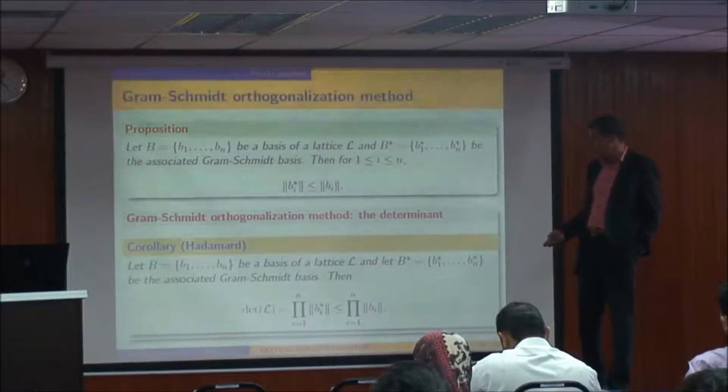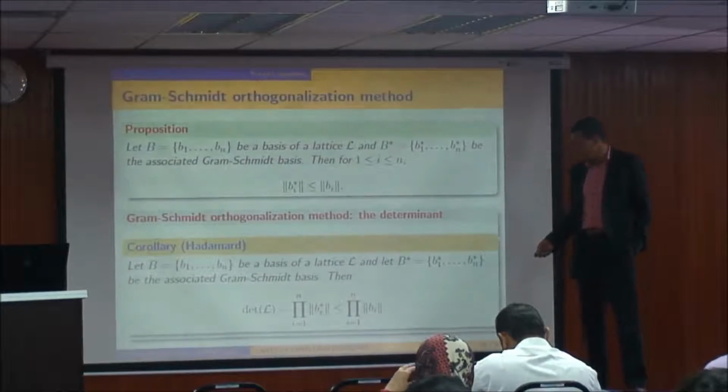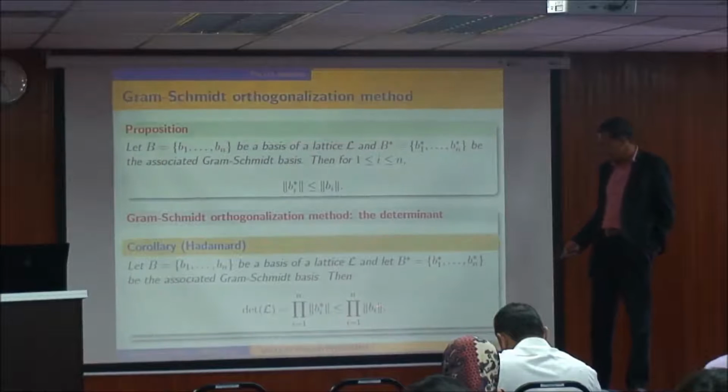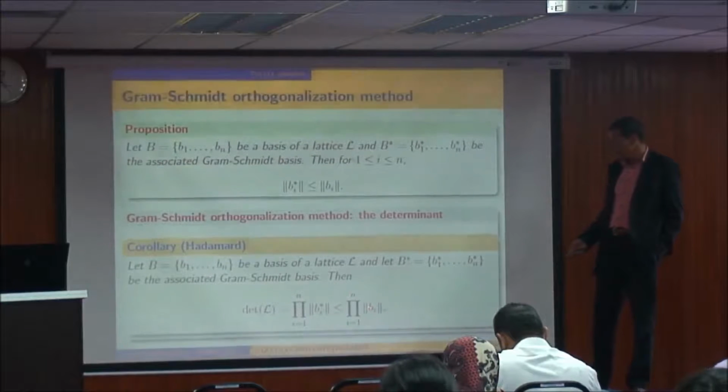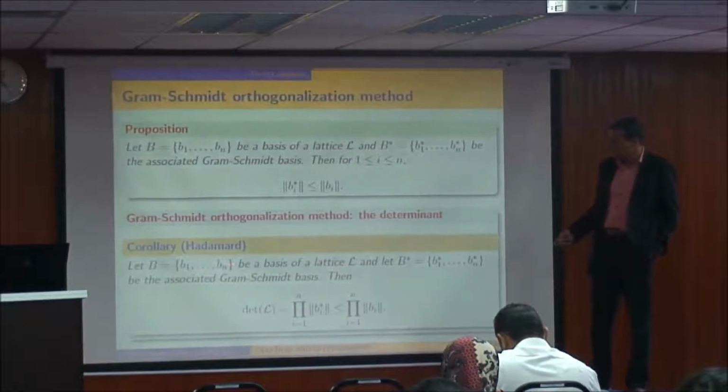When you compute such a product, you get exactly the determinant of the lattice, and this is smaller than the product of the norms of Bi, where Bi is the original basis of the lattice.